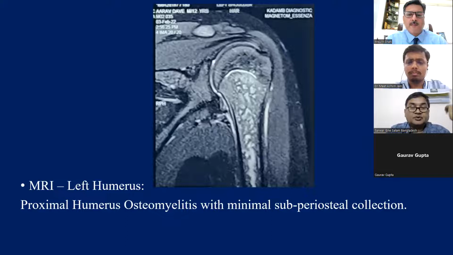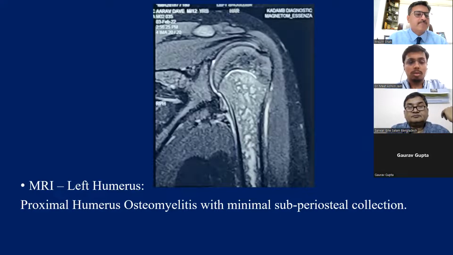So this would be osteomyelitis. And we found in further images that this is going right down to the distal diaphysis. So it was a kind of pan-osseous disease with more focus on the proximal humerus.